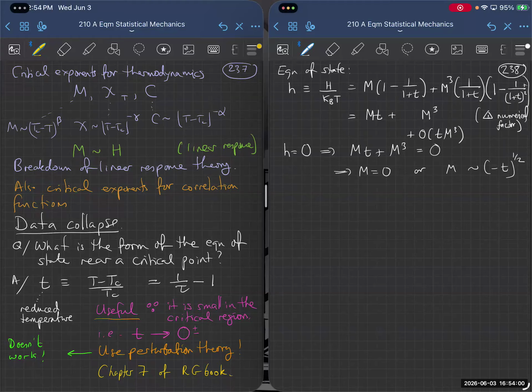So from this equation of state, you can very easily see the scaling of the magnetization.